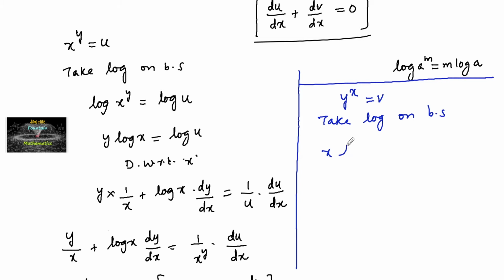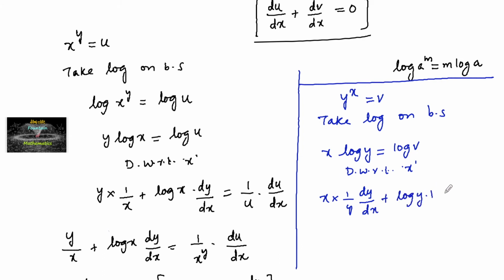So we have x times log y is equal to log v. Differentiating with respect to x, we will have x times 1 upon y dy by dx plus log y into the differentiation of x, which is 1, is equal to log v, whose differentiation is 1 upon v into dv by dx.